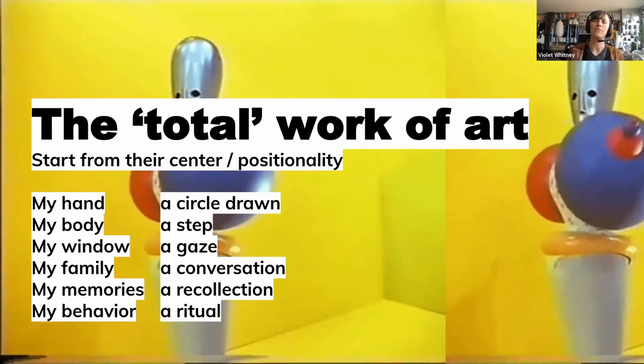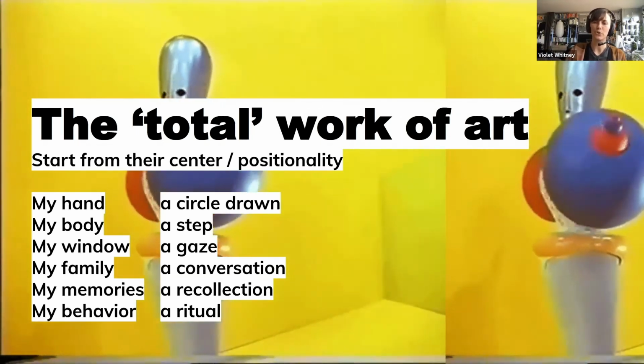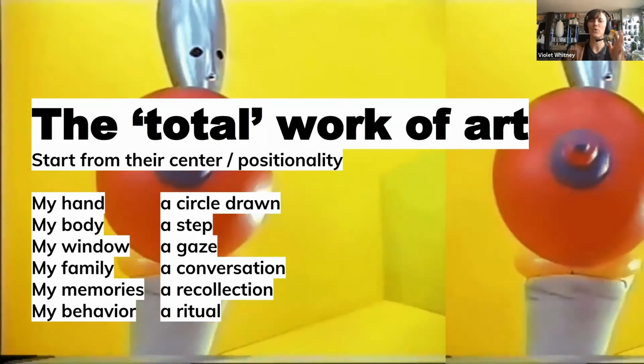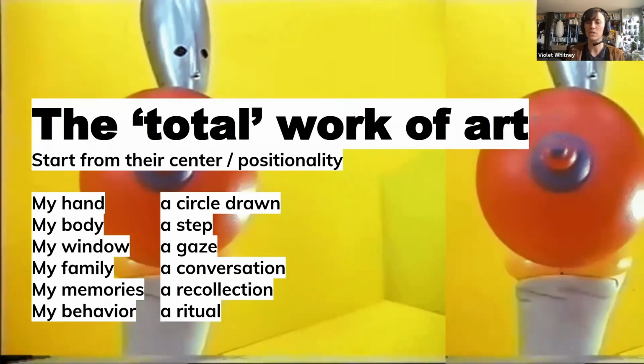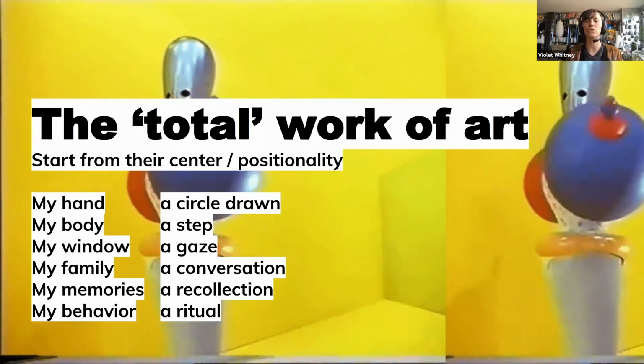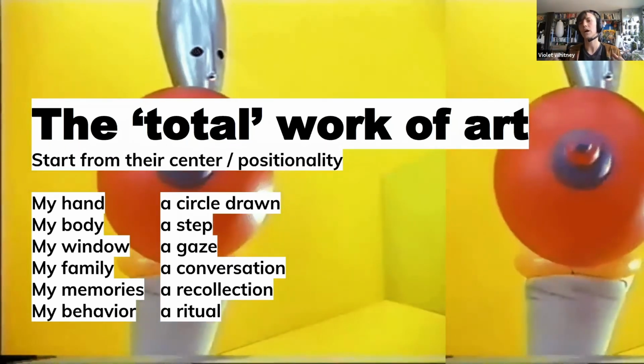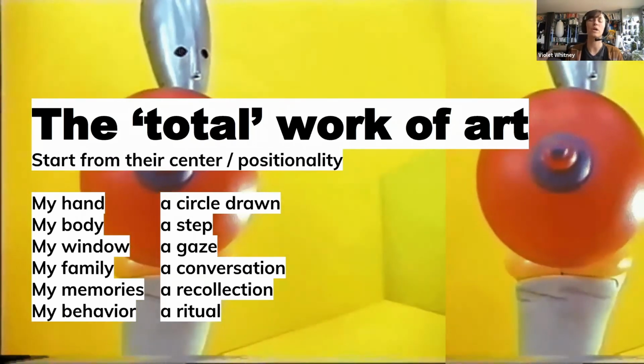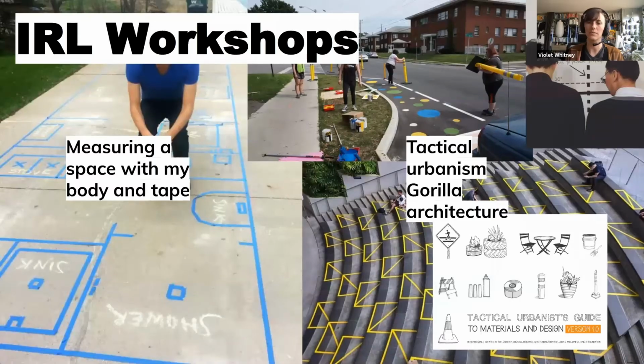idea of life as a total work of art. What are the aspects from our own positionality that will help us understand, because we don't have that shared physical space, but we do have that shared conversation, and we can bring these different contexts to it.